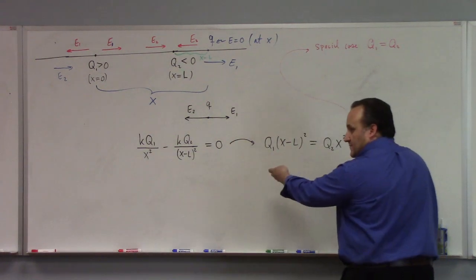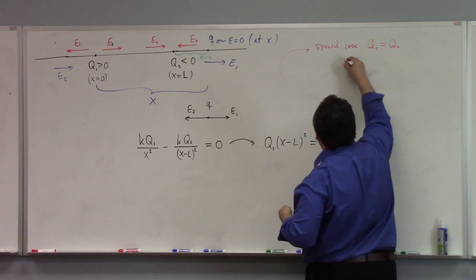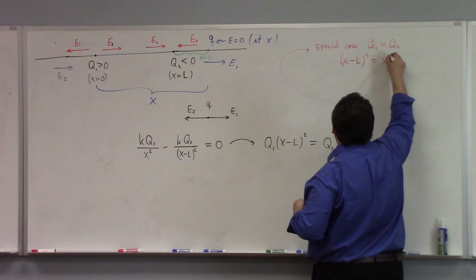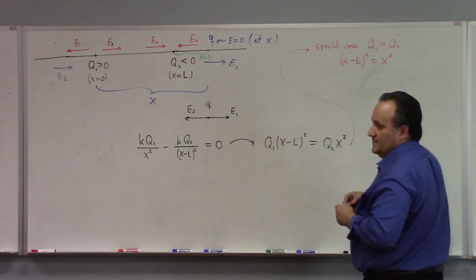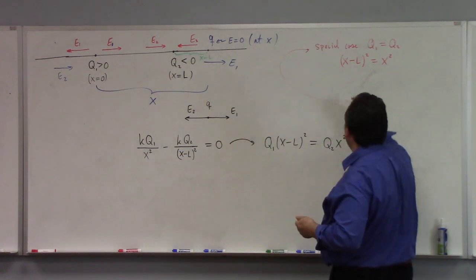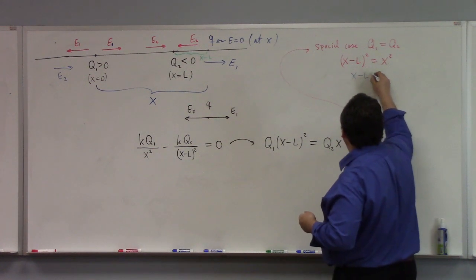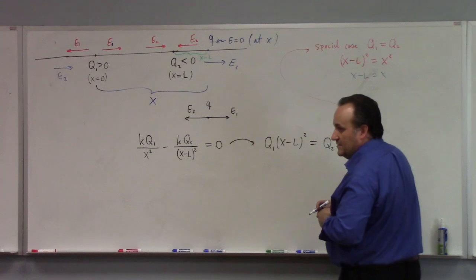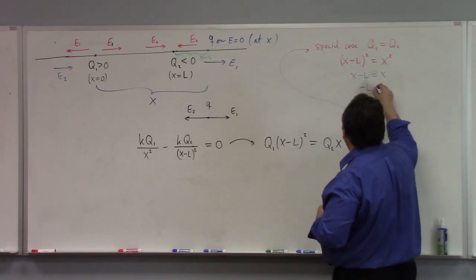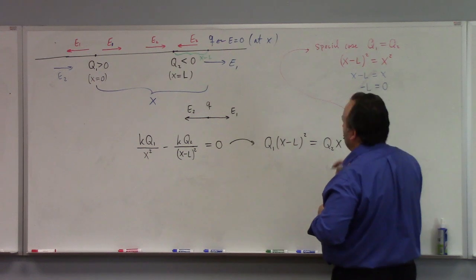They cancel, and we're left with the equation X minus L squared equals X squared. If you take the square root of this equation, you get X minus L equal to X, which gives us minus L equals 0.